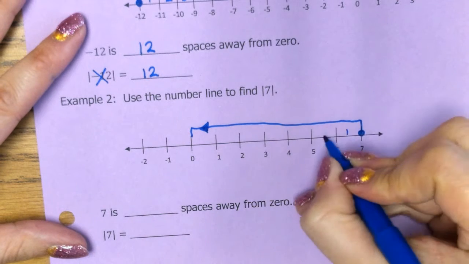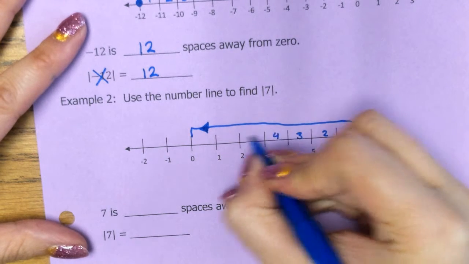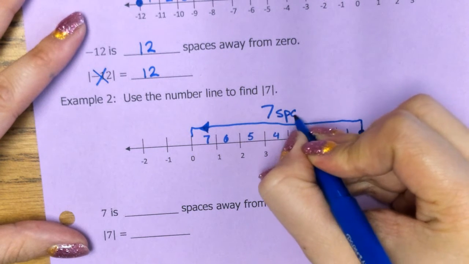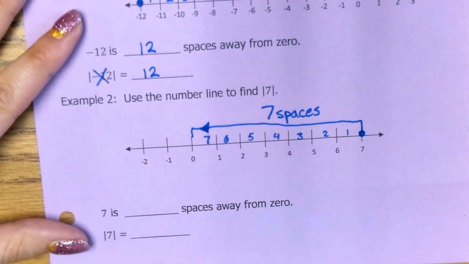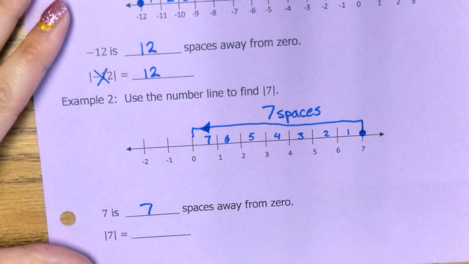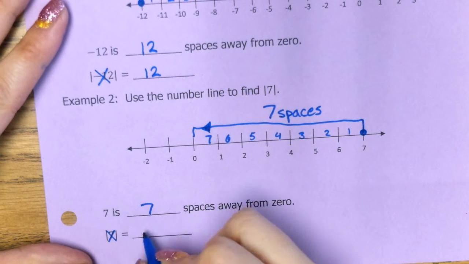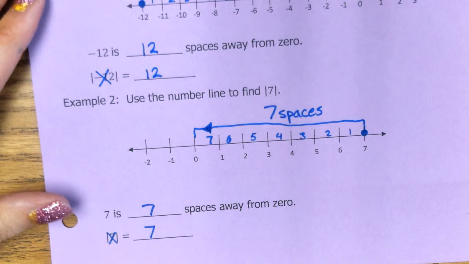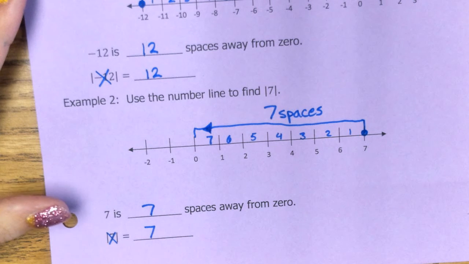I'm counting my spaces: 1, 2, 3, 4, 5, 6, 7. 7 spaces. So the number 7 is 7 spaces away from 0. So the absolute value of 7 is 7. That's how far away it is. That's the absolute value, the distance from 0.